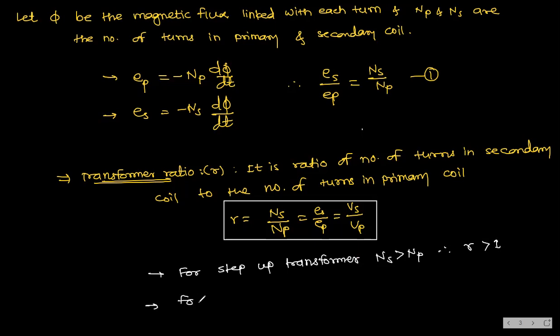For step down transformer, what will it be? NS is less than NP, therefore R is less than 1. Clear? Understand? Note down this fast.